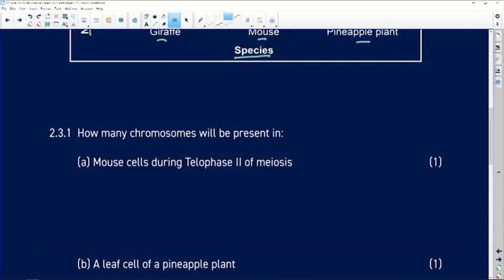How many chromosomes will be present in mouse cells during telophase 2 of meiosis? By the time we get to telophase 2, it's right at the end of meiosis, we know we are talking about haploid conditions now.